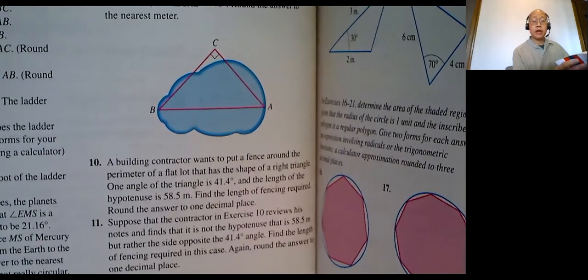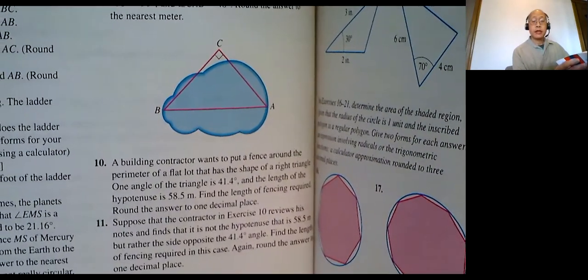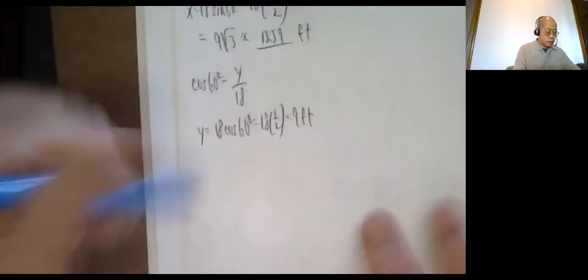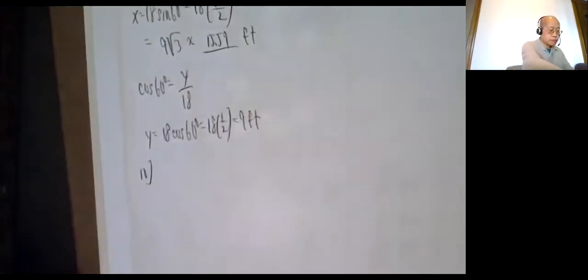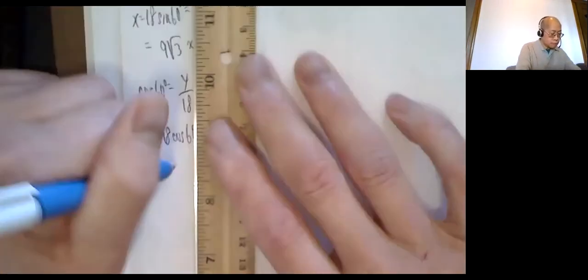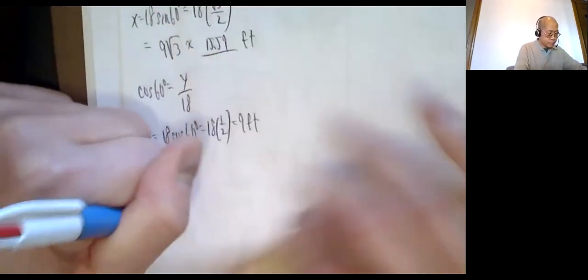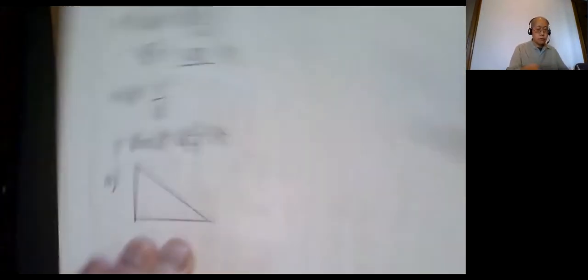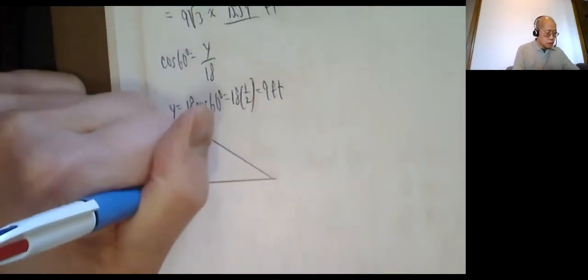Okay, so they give you one angle and the hypotenuse. So let's draw the picture for number 10. So they go like this.